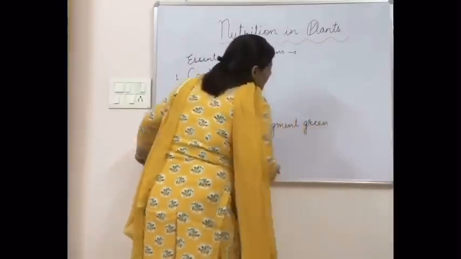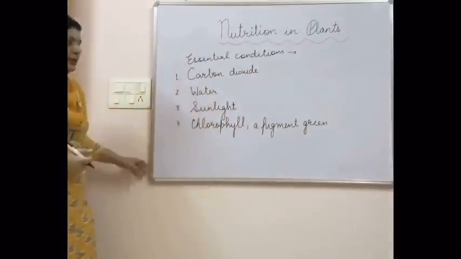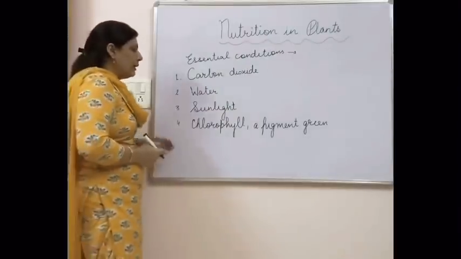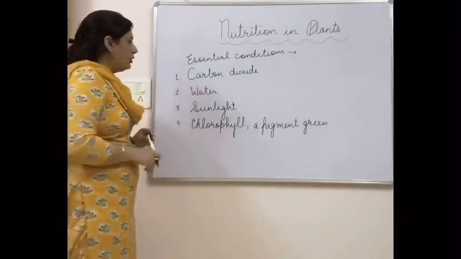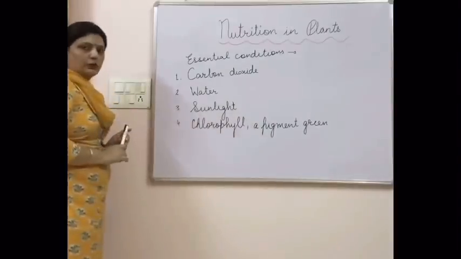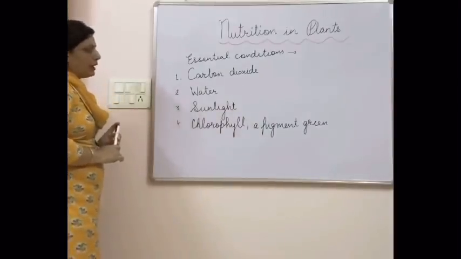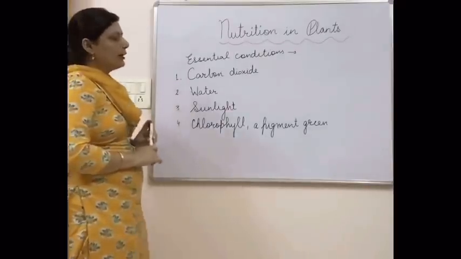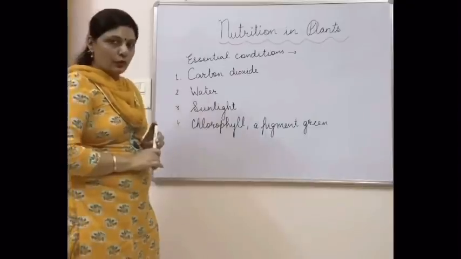Because of this chlorophyll, the leaves we see on the trees or plants have green color. This is one of the important aspects required for photosynthesis. We have carbon dioxide, water, sunlight and chlorophyll. These are all required for carrying out the process of photosynthesis.